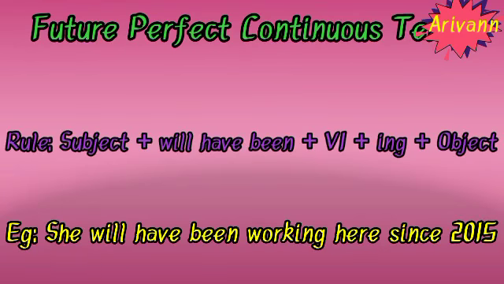In the sentence here, the subject is she plus will have been, you need to add, and it is followed by the first form of verb work plus ing and then the object. To form future perfect continuous tense, you need to follow this rule. Subject plus will have been plus verb 1 plus ing plus object.